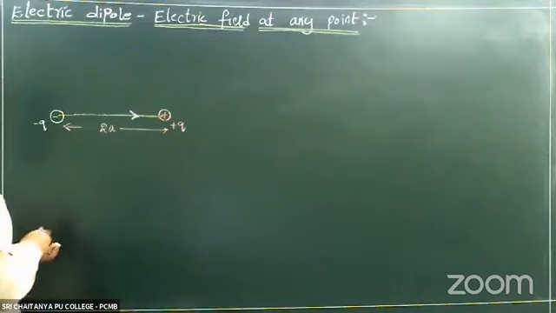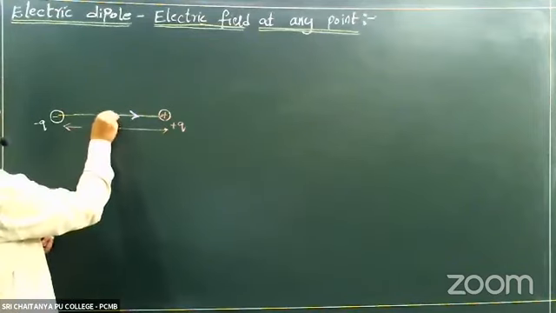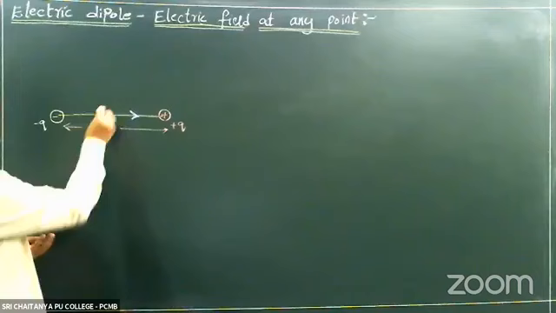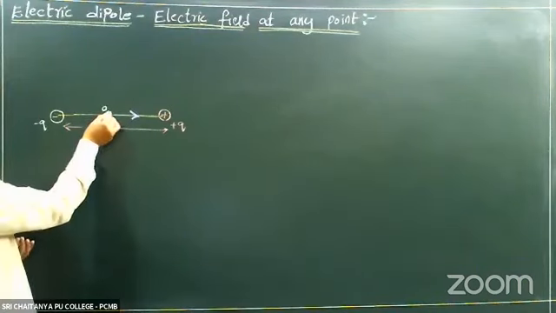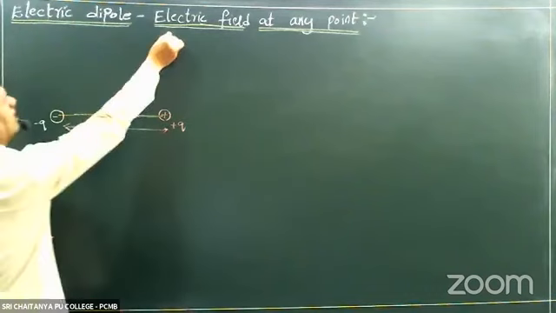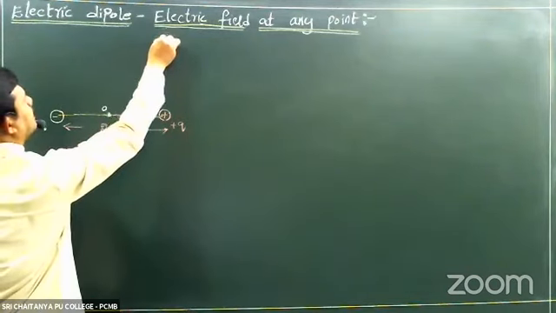There is a point. This is the center of the dipole, O. From the center, let P be a point.